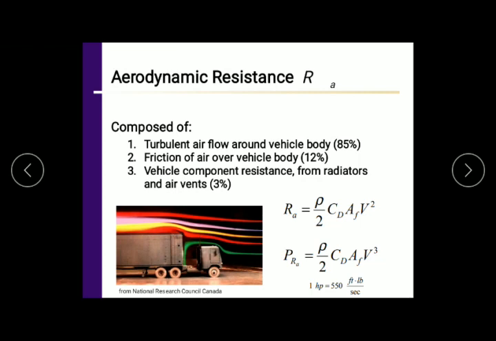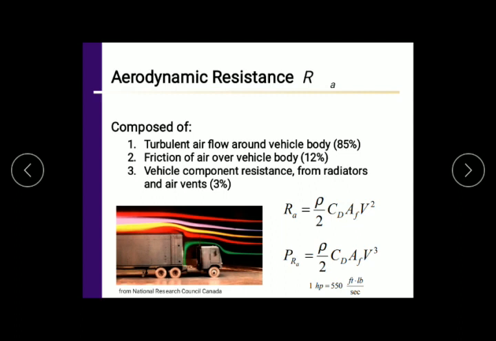First is aerodynamic resistance. As you can see in the figure, a truck is moving on the road surface, and the various turbulent flow lines are shown. The total aerodynamic resistance is basically divided into three categories.